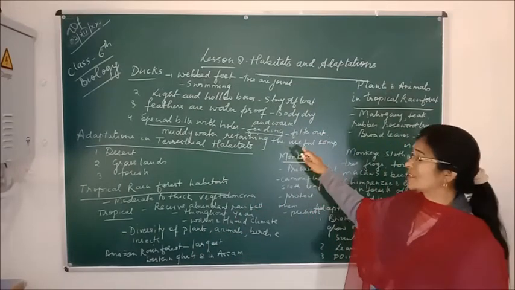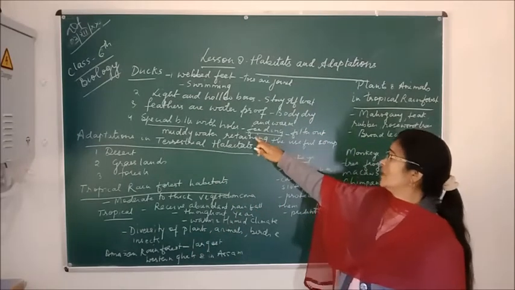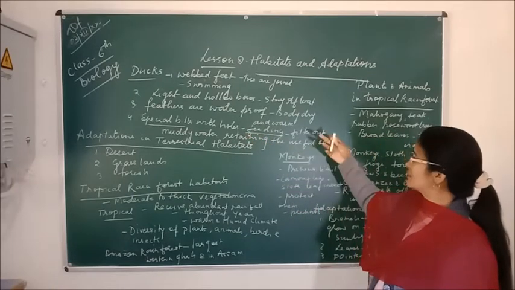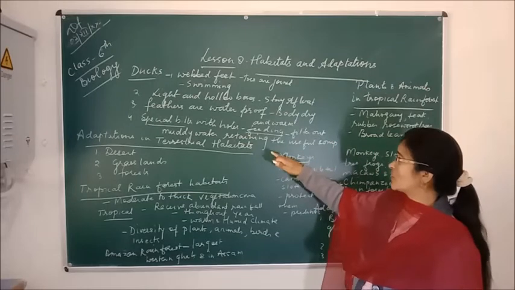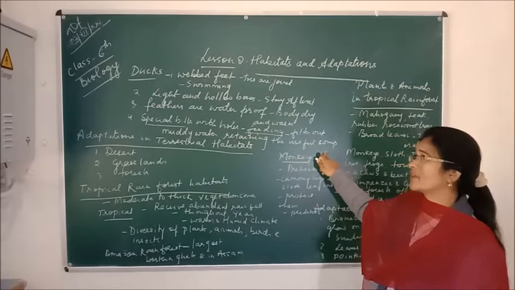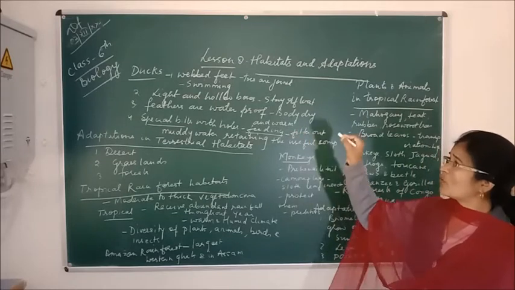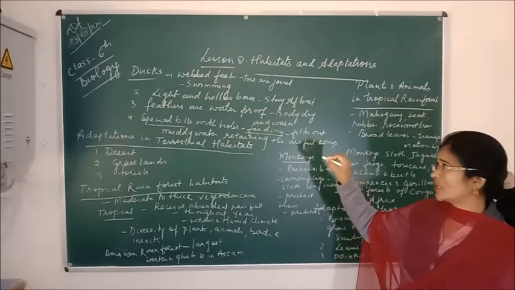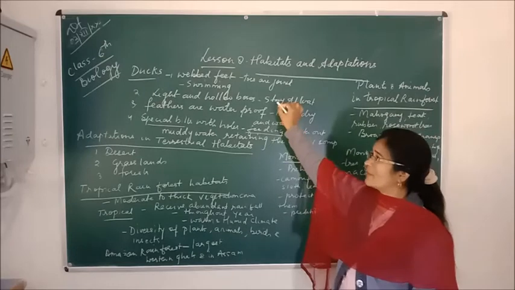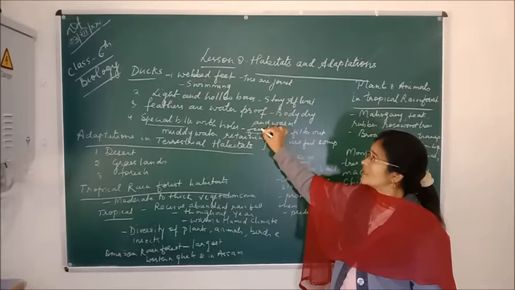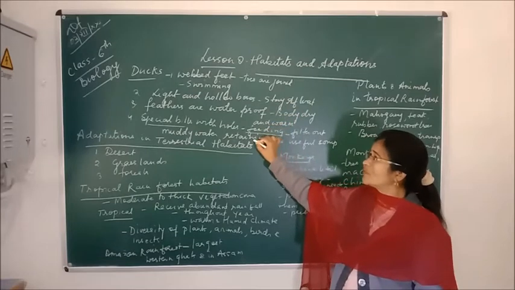So the muddy water gets filtered by these special bills, and after filtering, the useful substances are retained with the help of these bills. So these four main features are found in ducks: webbed feet, light and hollow bones, waterproof feathers, and special bills with holes.